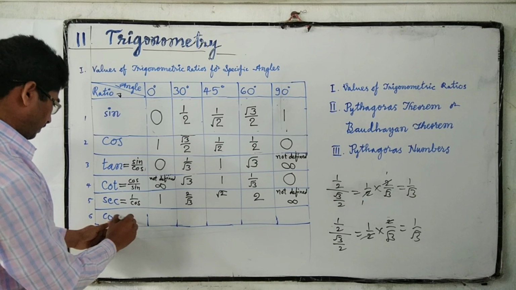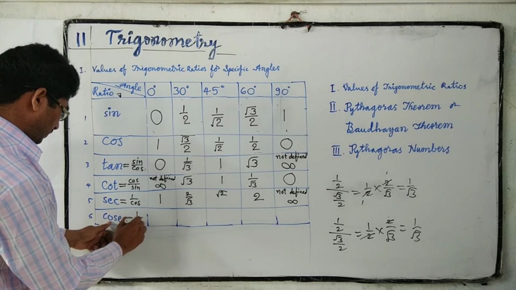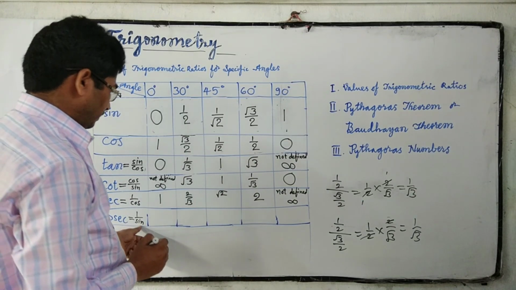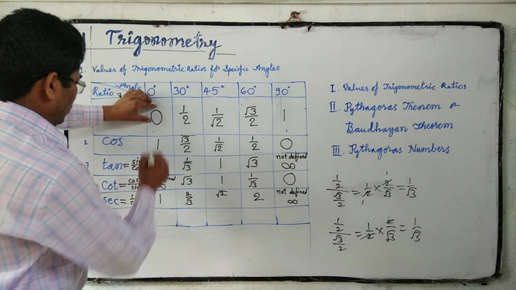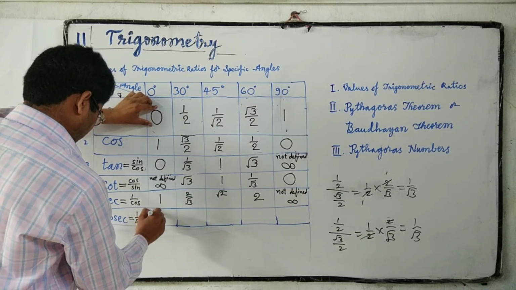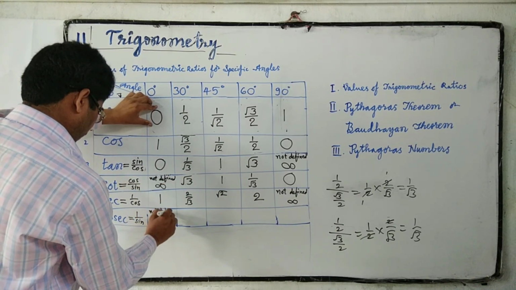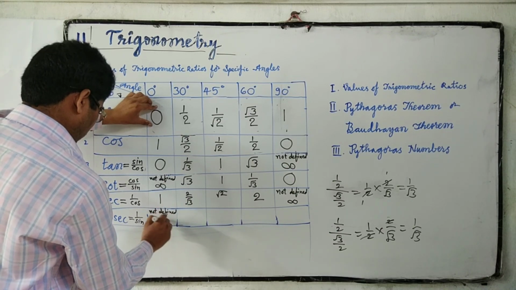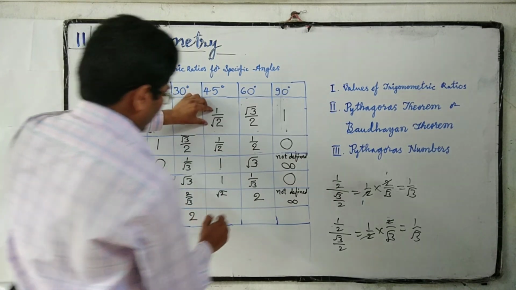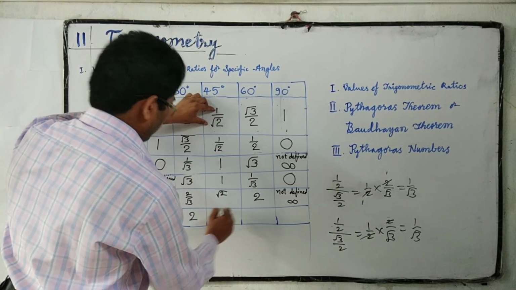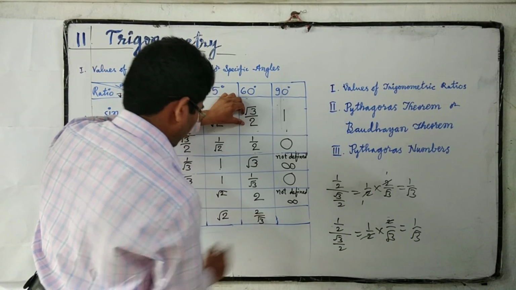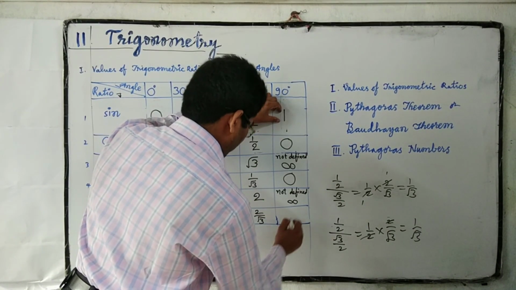Next, cosec is equal to 1 by sine. Cosec is the reciprocal of sine. So reciprocal of 0 is 1 by 0, not defined or infinity. Then 2, root 2, 2 by root 3, and 1.